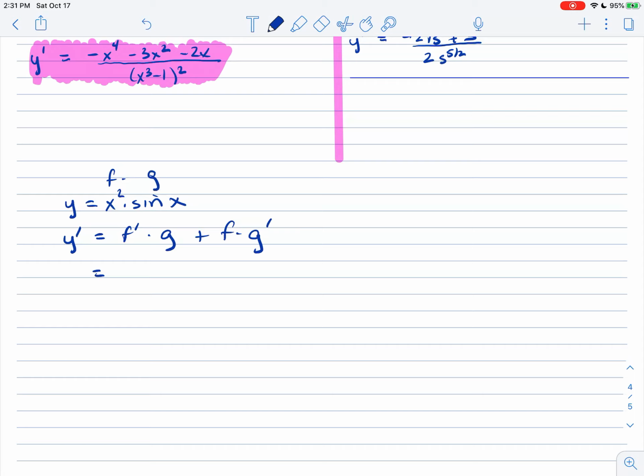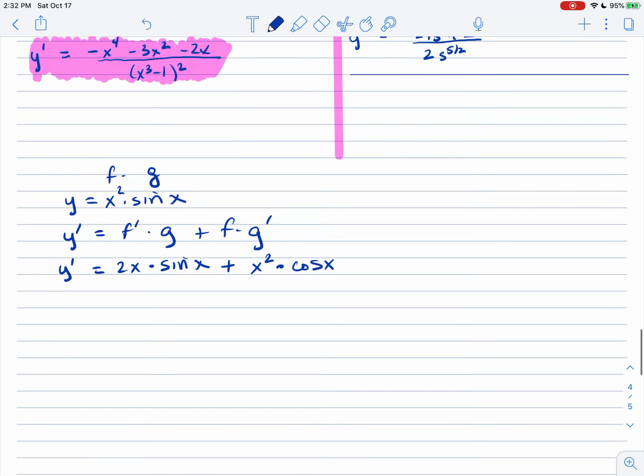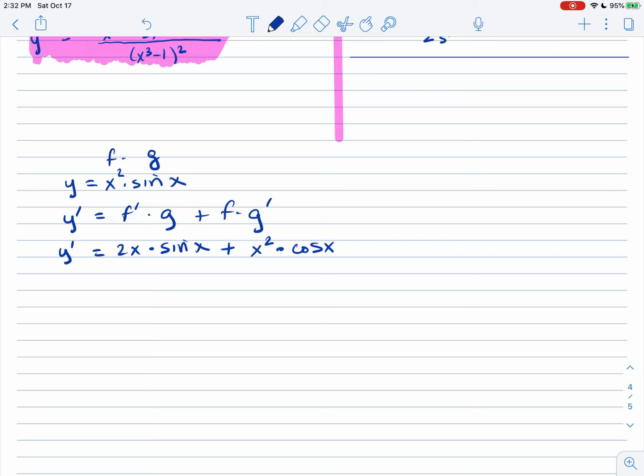And this is my f and this is my g, so the derivative of the first is 2x, the second is sine x, plus the first, and the first is x squared, and the derivative of the second is cosine x. If I wanted to take the second derivative, these would be both product rules, right?